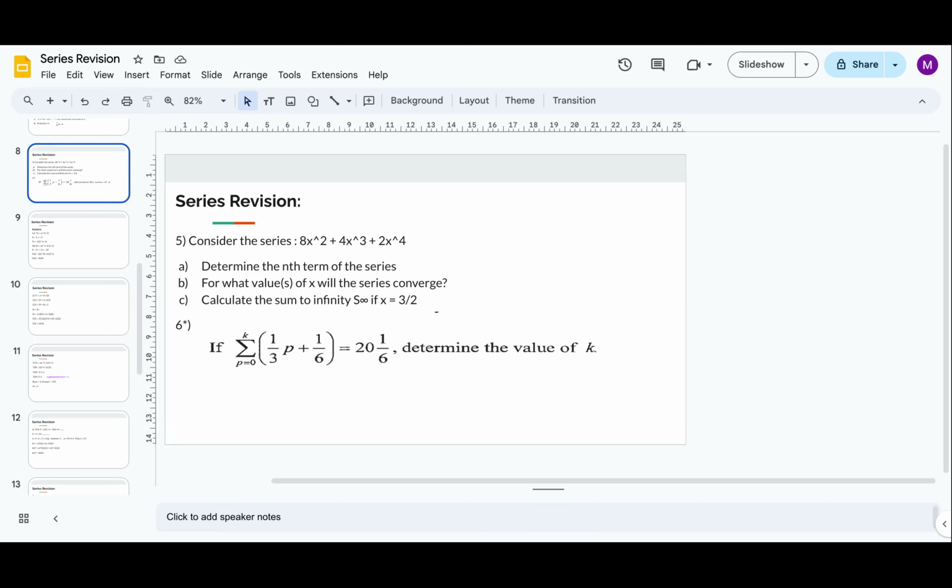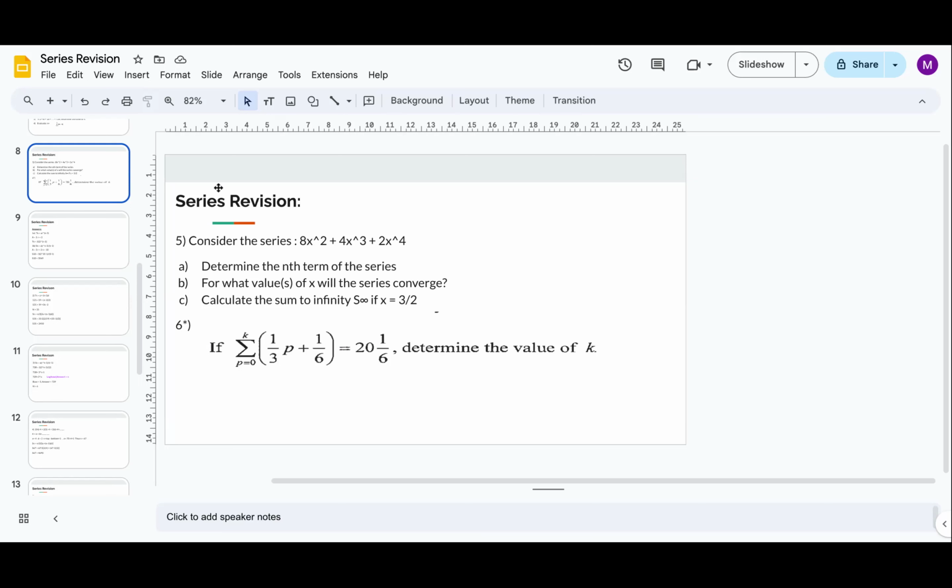And to work out what our r value is, we'll take 4x cubed and put it over 8x squared, and that should give us 1 over 2x. Okay, and to make sure, we'll take 2x to the power of 4 and divide it by 4x to the power of 3, and that will give us 1 over 2 times x again.